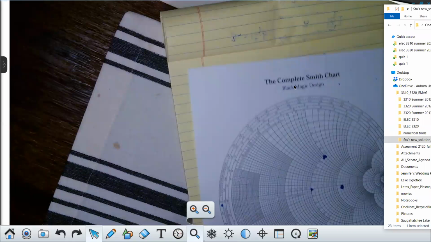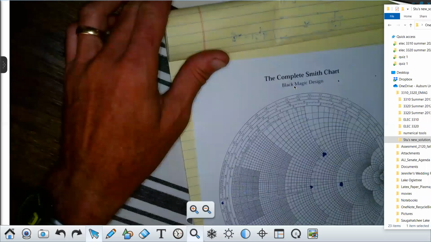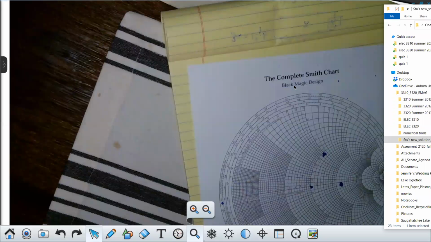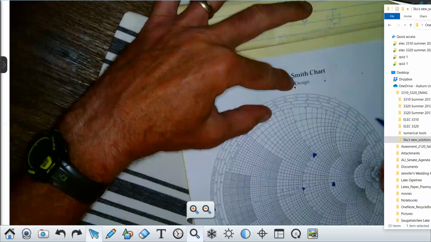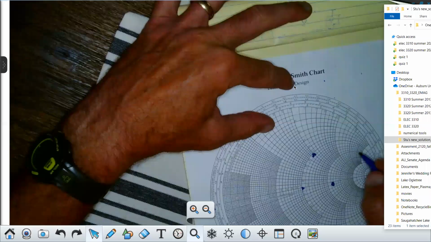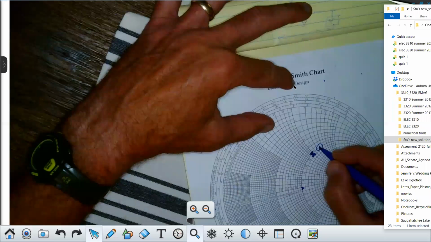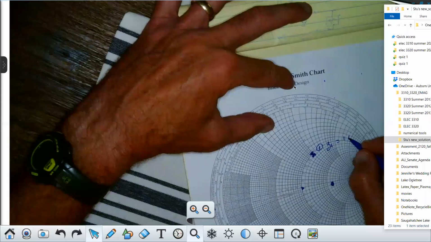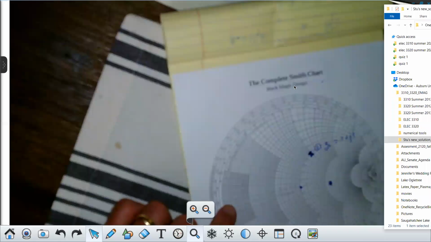For instance, I'm going to assume just for now my normalized ZL is 1 plus j. So if I have 1 plus j, it's right here, and it would be ZL equals 1 plus j1. Can you all see that? I'm trying to just show you. It's a little messy. Are you with me?